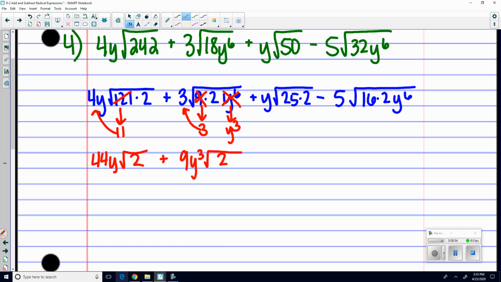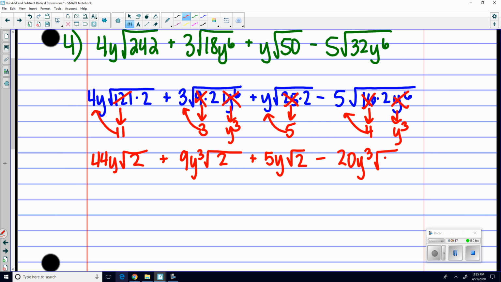Okay? Then I am left with 25 becomes 5. So 5 is going to get out here, plus 5y square root of 2, minus sign. 16 comes out as 4, and y6 comes out as y3, so minus 20, y cubed, square root of 2.